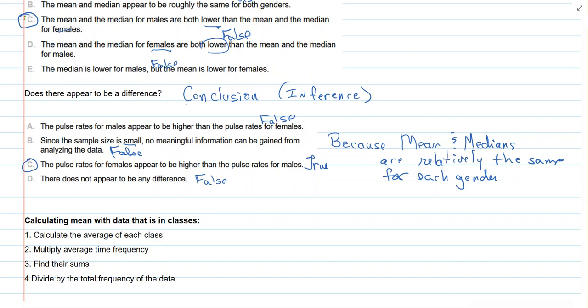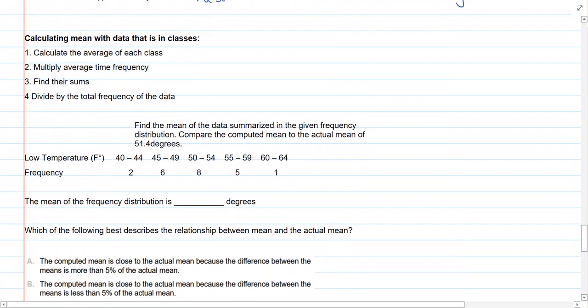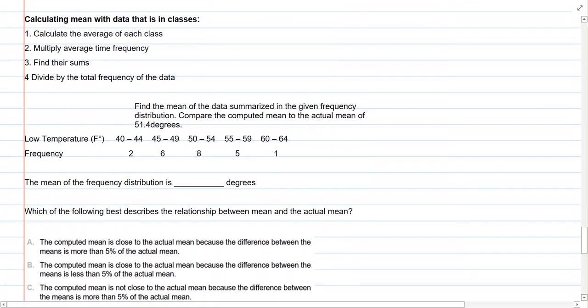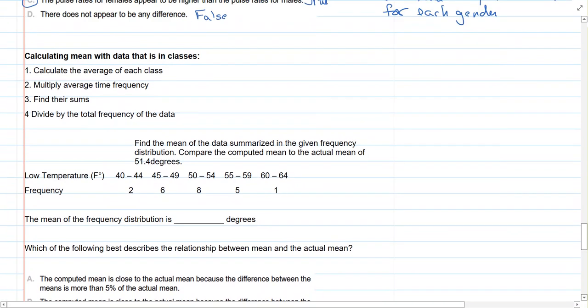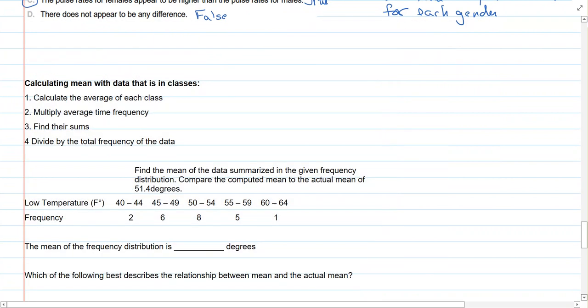So here we go. Everybody ready? We have the consideration of what we're talking about here.